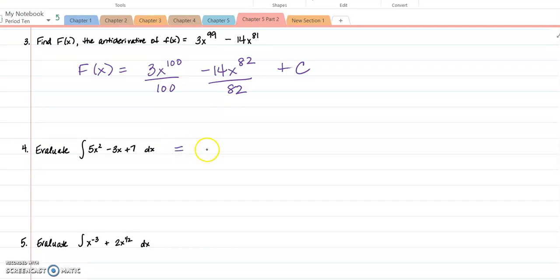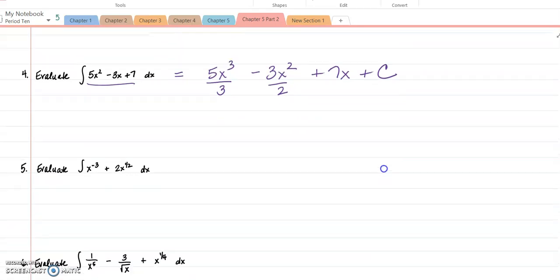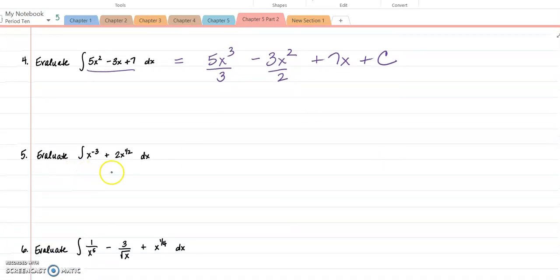So 5x squared comes from 5x cubed over 3 minus 3x squared over 2 plus 7x plus c. It represents that accumulation function that we said at the very beginning does represent the antiderivative of whatever's on the inside.